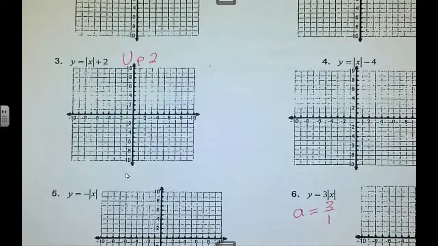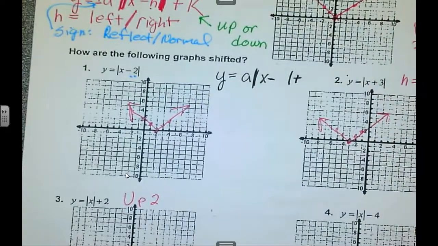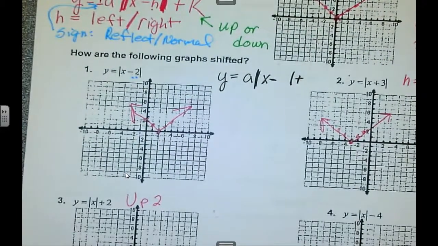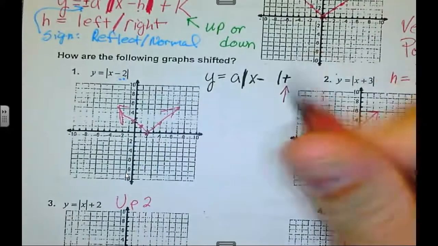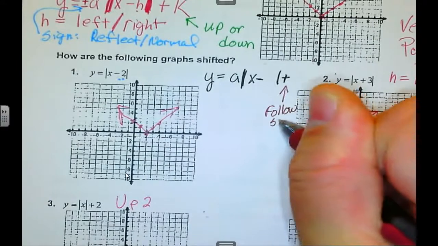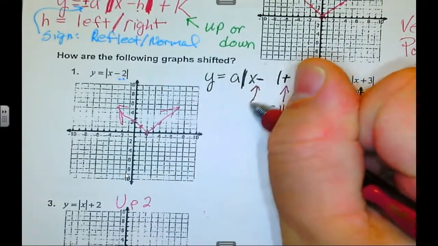Then it would go down 2. This sign you follow. So this one you're going to follow the sign, and this one you're going to go the opposite way.